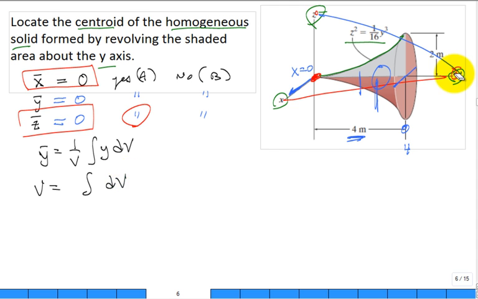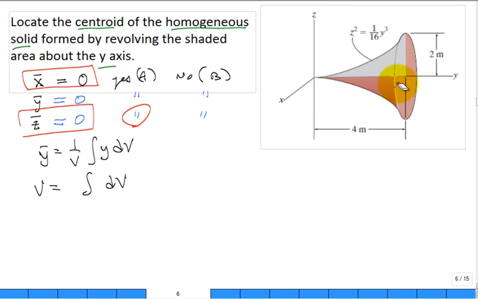Well, we want to integrate. Now, you can do dx and dy and dz, maybe that's the way your calculus instructor taught it. But I know how to calculate the volume of a small disk.